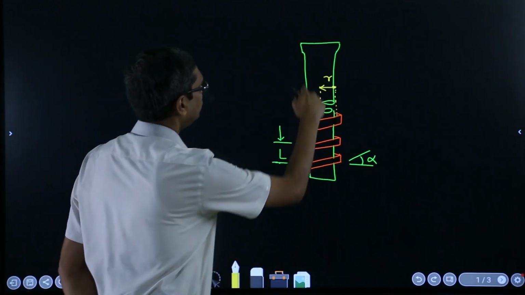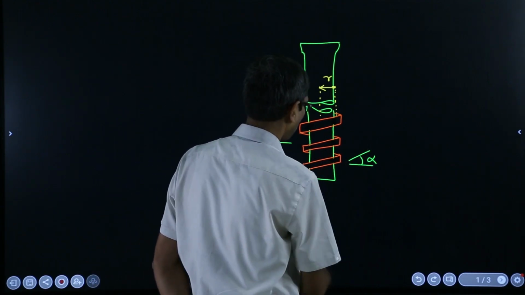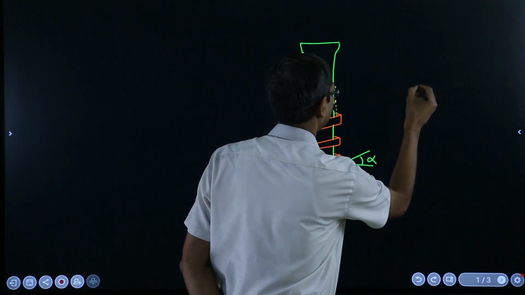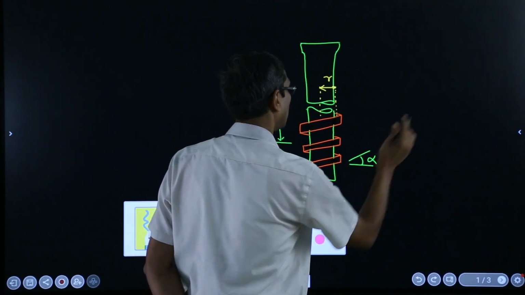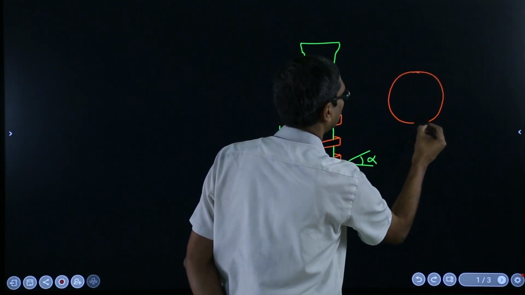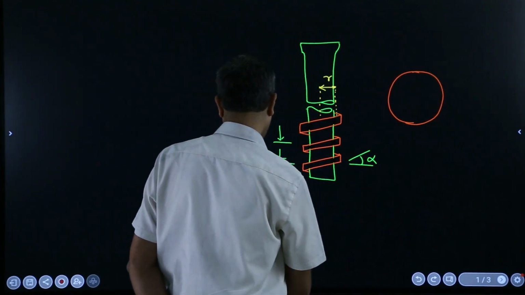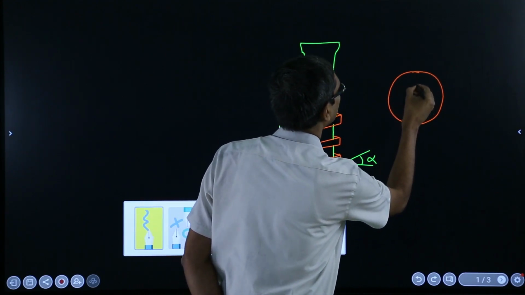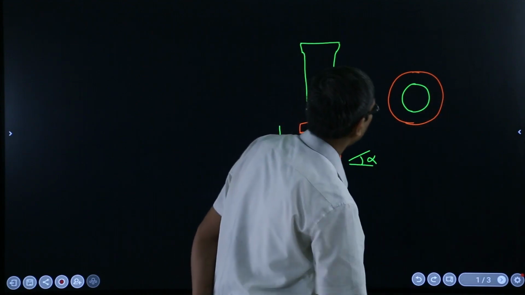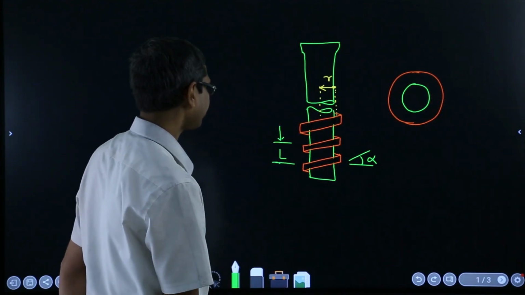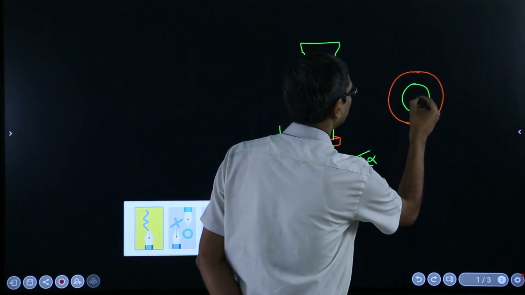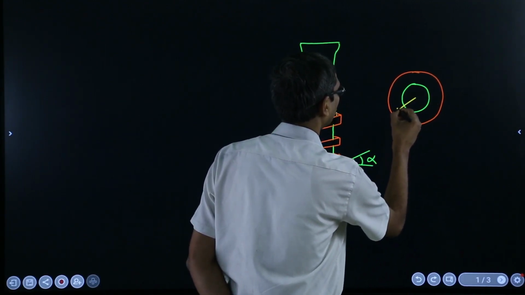Yeah, so that means if you view it from this side, it will look something like this. So this is the thread boundary and this is the shaft sort of, and your mean radius is something up to this point.